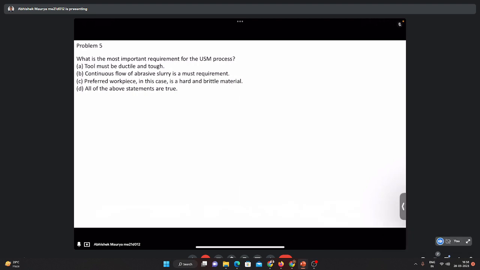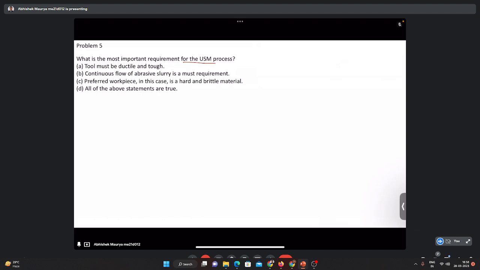So let's start discussing the process of ultrasonic machining. Ultrasonic machining is also called USM, and this is also a non-conventional machining technique.